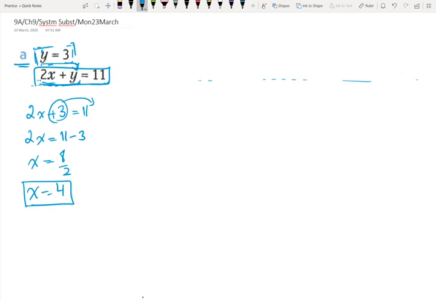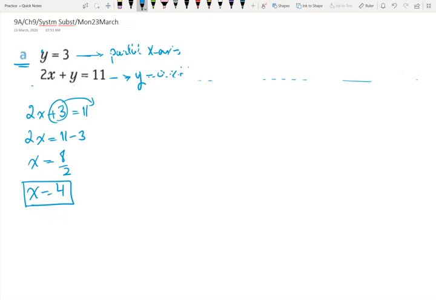Now, what do these equations represent? In this case, these two equations represent two lines. This is a line that is parallel to the x-axis, and this is a general equation of a line of the form y equals ax plus b.